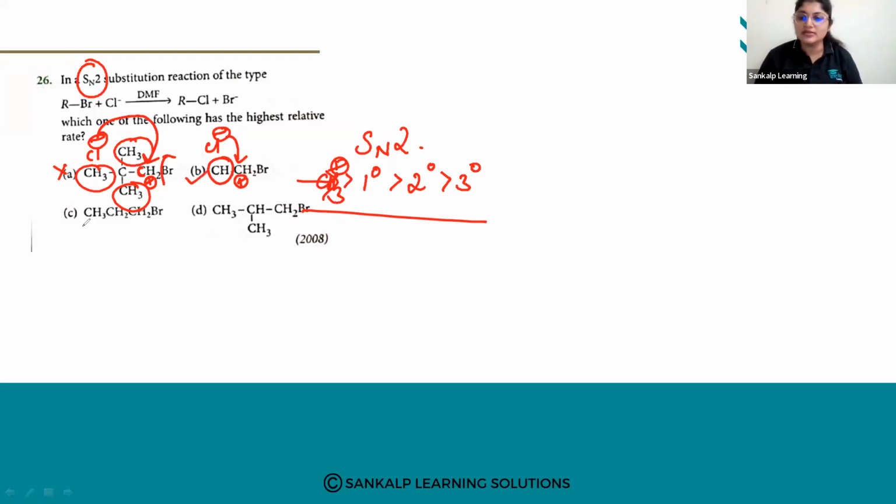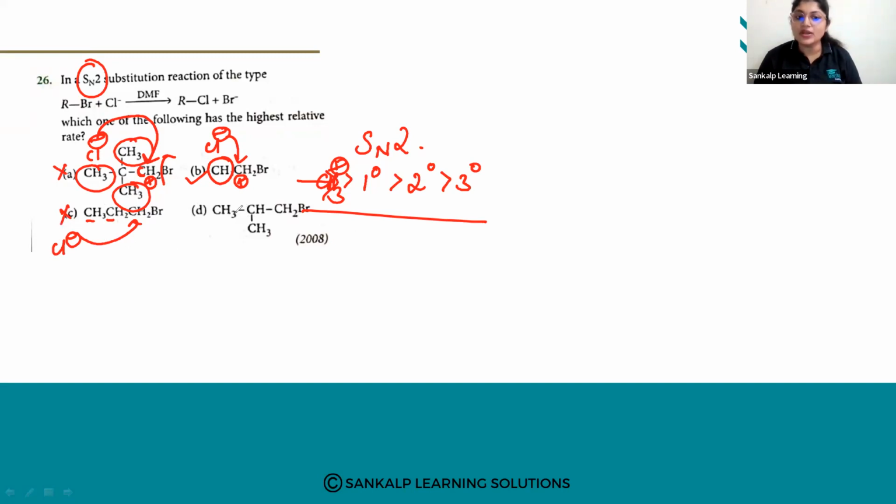Now the third option: the attack of Cl minus takes place from the rear carbon, and there are still 2 bulky groups present here, so the relative rate is lower. This is also discarded.